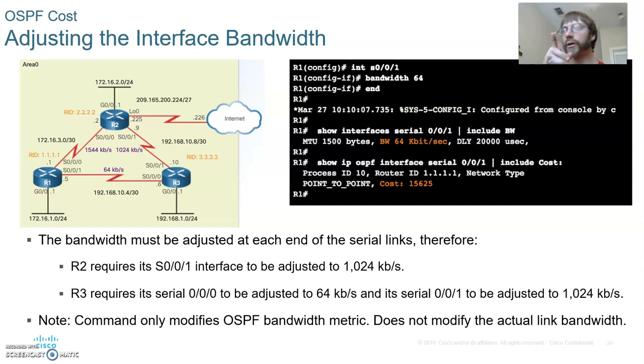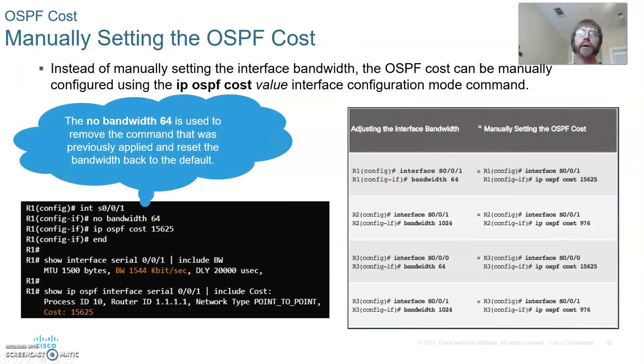Now we can set that cost. Now there's one other way to do this. You can set the cost manually. So you can adjust reference bandwidth. You can set interface bandwidth. Finally, you can set your costs with the IP OSPF cost command. So if you take the bandwidth out and you put your cost in, now these two statements are more or less equivalent.